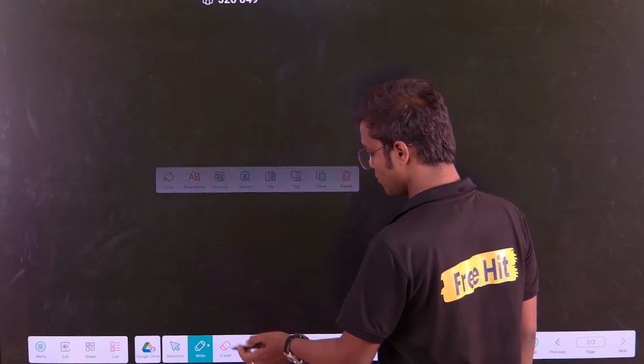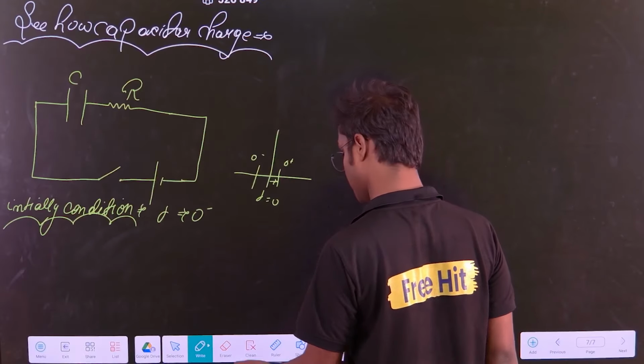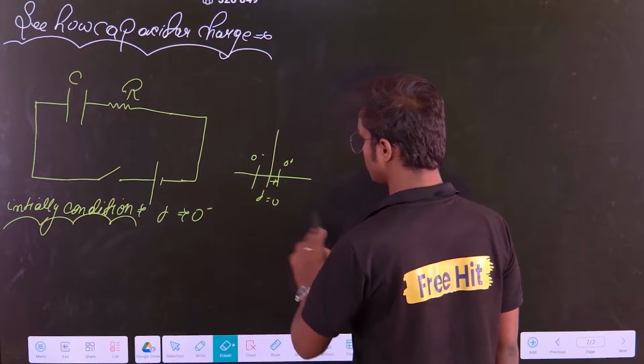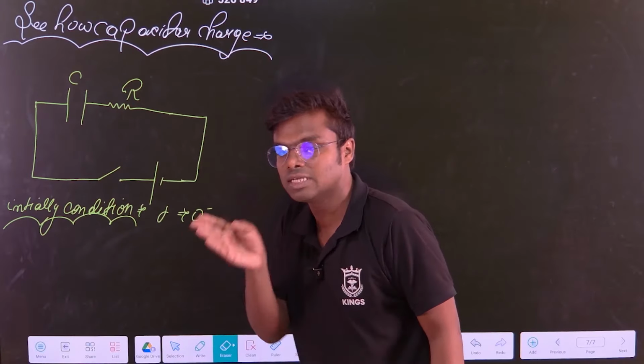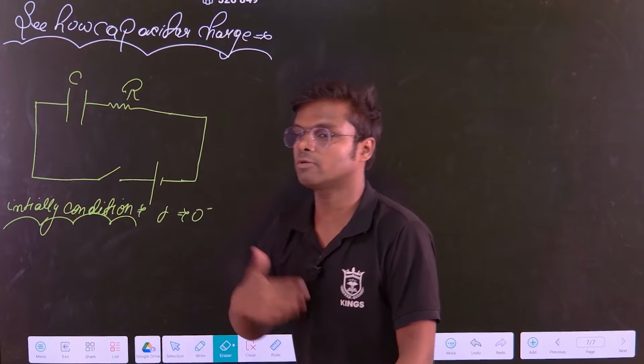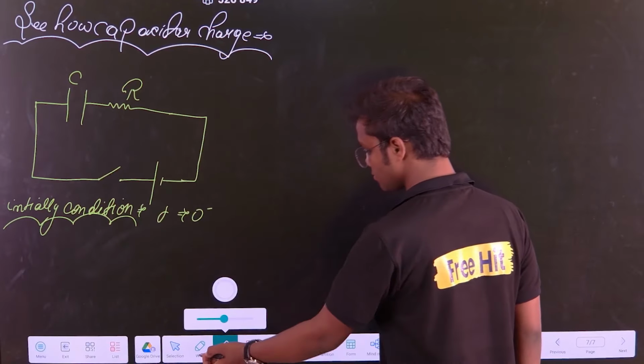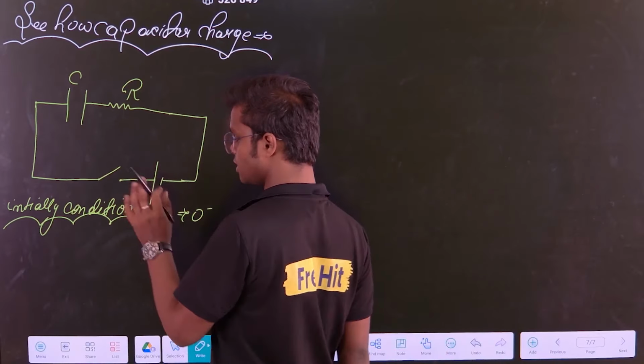That is the type of scenario I want to take. So I hope you understand what t equal to 0 minus means: slightly less than 0, I am talking about the past.